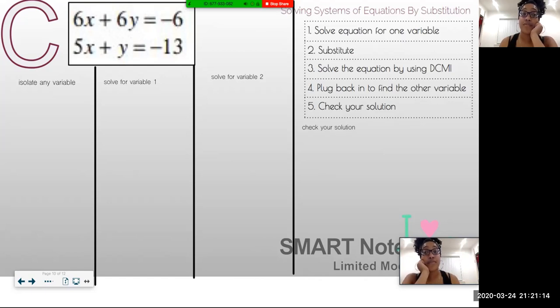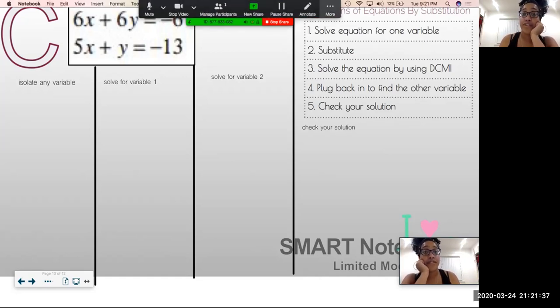That means that that variable is alone on the equal sign. Do we see anything like that here? No, right? Both of these variables are with other things on each of the equal signs. So what we have to do for step 1, before we can do anything, is isolate a variable. So that's like our first step.